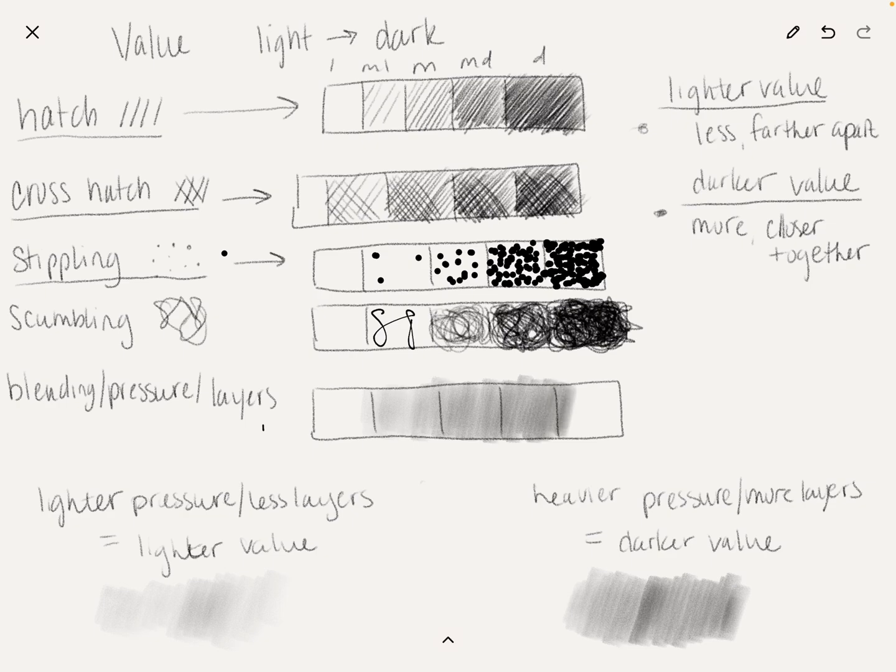If you are a naturally heavy-handed person, holding your pencil near the eraser is going to give you lighter pressure. If you're a naturally light-handed person, holding your pencil closer to the graphite, or where you have your mark making, is going to give you better leverage to make a darker pressure. So the fewer layers we have, the lighter our value is, and the more layers we have, or the heavier pressure, the darker it is.